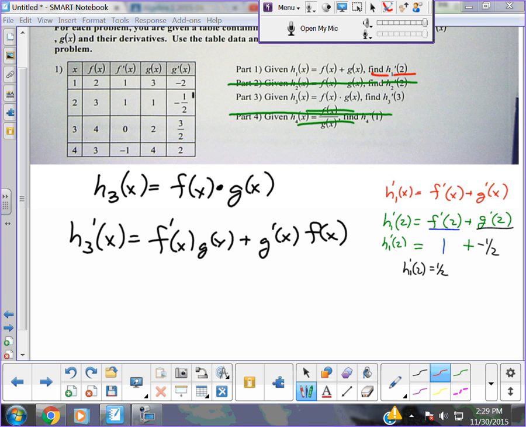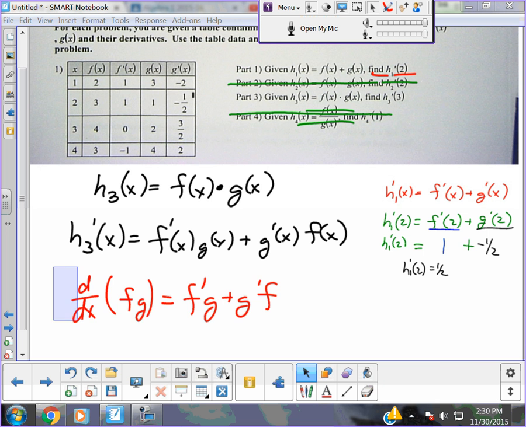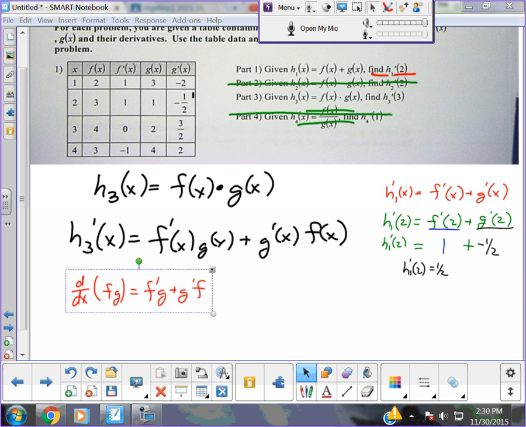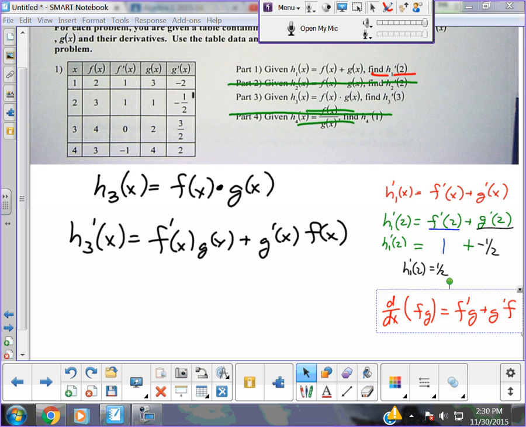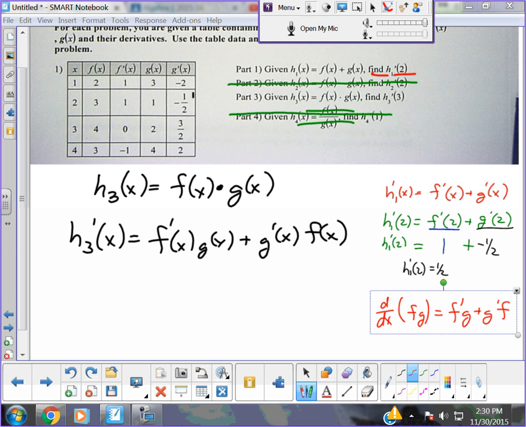And again, if you memorize it for the test, that's the rule we just did. It's the product rule. When we have a product, we have to have 2 terms come out of it. So now I have all this, and now it's just filling it in again.